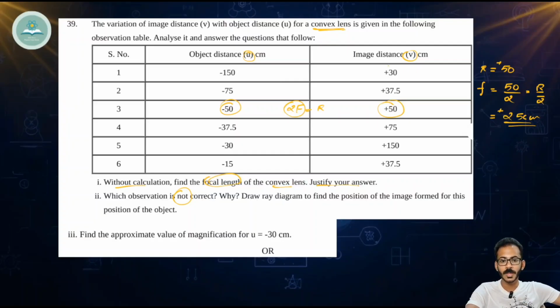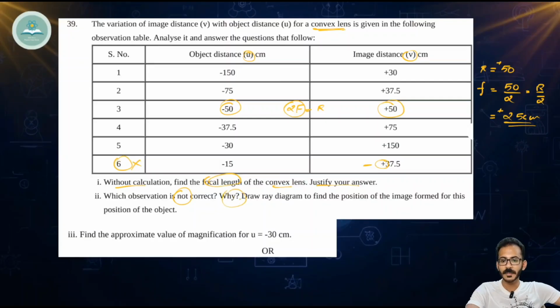So starting from here till here, it's a real image. But last case is a special case where image is formed on the same side. So there, instead of positive, negative is supposed to come. So this last reading is a wrong reading. It's not correct.